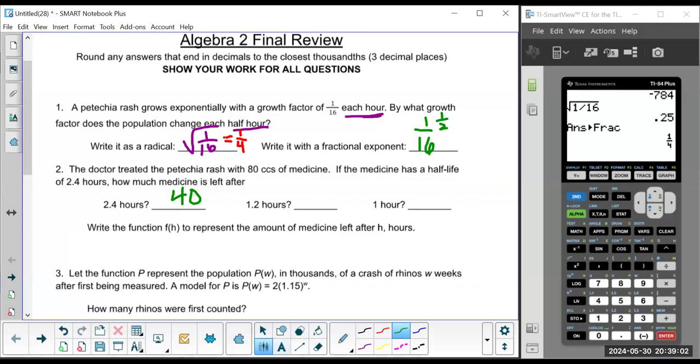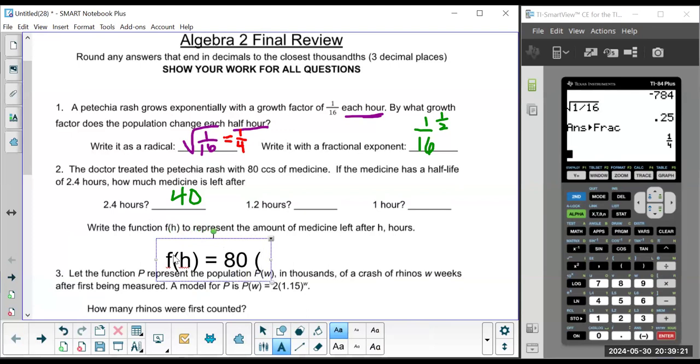I don't have my mouse here, so I'm going to type it in. So it's f of h, because that's what they're telling us: the function based off of the hour, so how much medicine is left based off of the hour. We do how much it started with: 80 cc's of medicine.